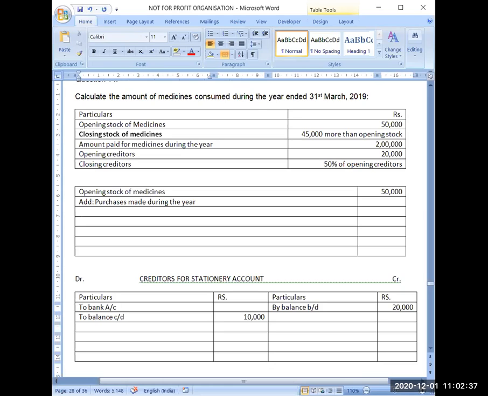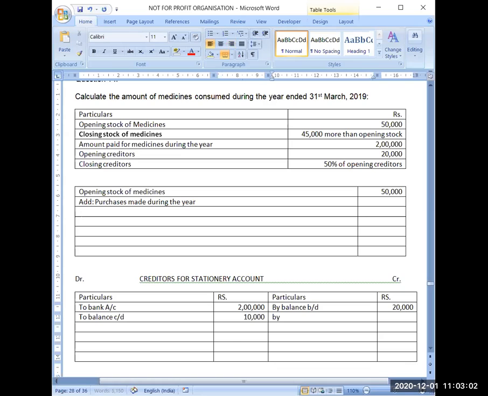So whatever amount is paid, that will be written here, and that is actually 2 lakh. And whenever we purchase goods on credit, the journal entry is purchase account debit to creditors account.